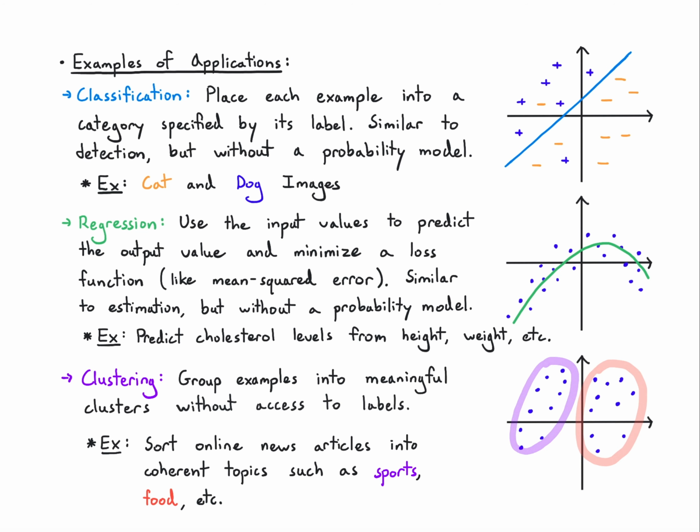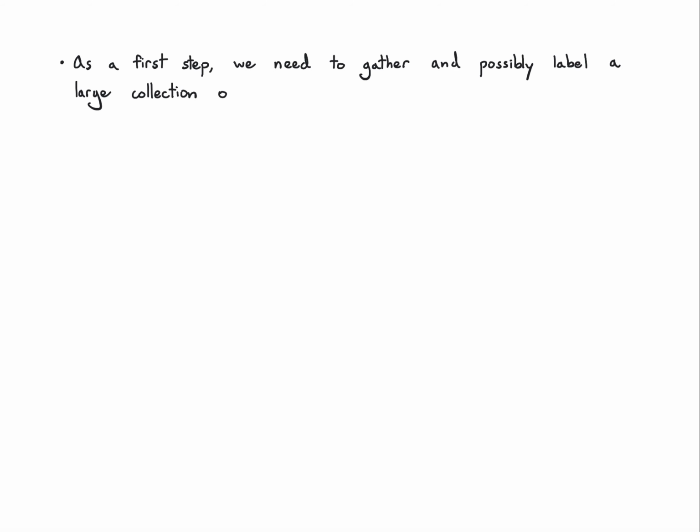Okay, as a first step, what we need to do is gather and maybe even label, if we want a labeled data set. So we need a large collection of examples, okay? So somehow we have to get these examples, and those are going to serve as our data set.